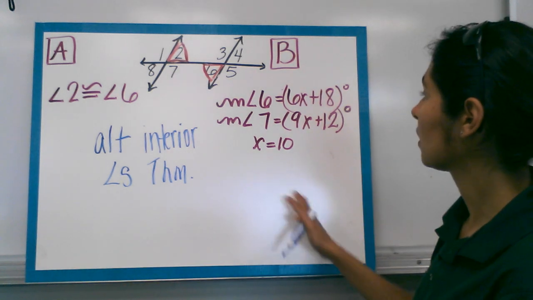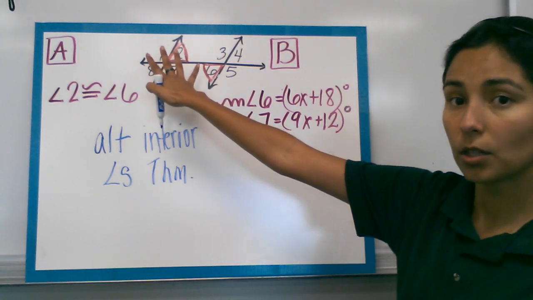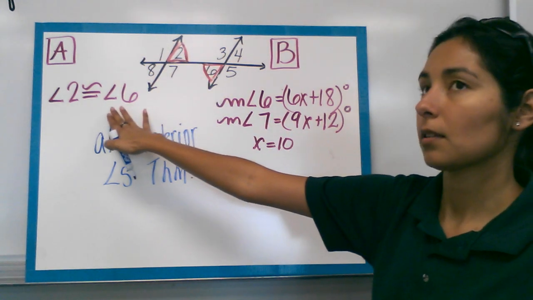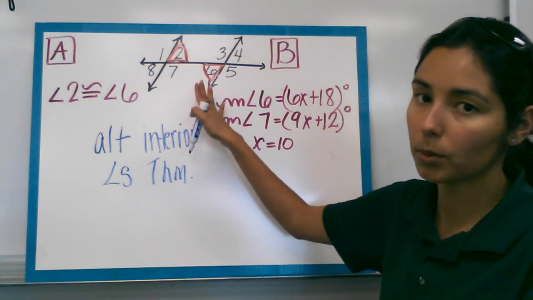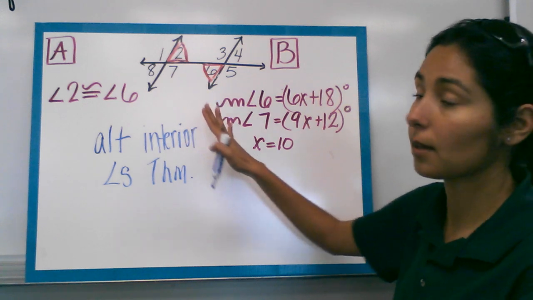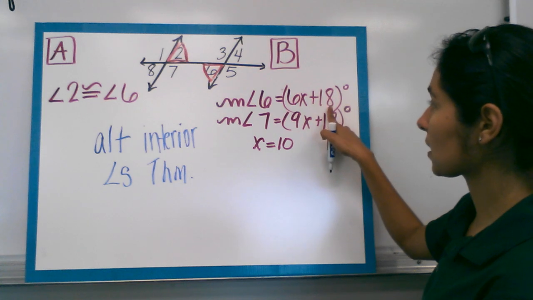Second example. So I have the measure of angle 6. We're still using the same image, but we can't carry over the answer from that problem to this problem. So we're still looking at the same picture, but we don't know that they're parallel yet. The measure of angle 6, they tell us, is 6x plus 18.